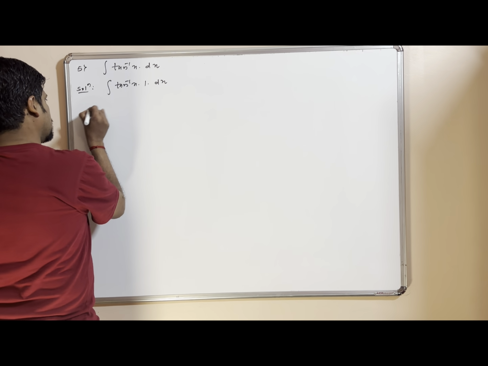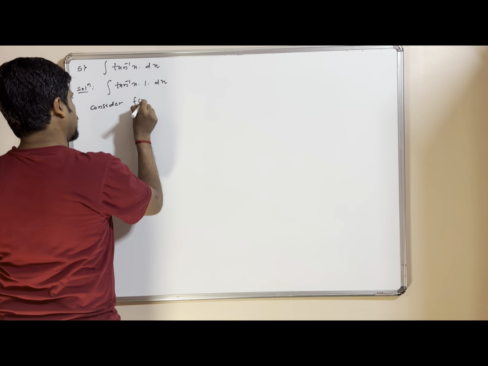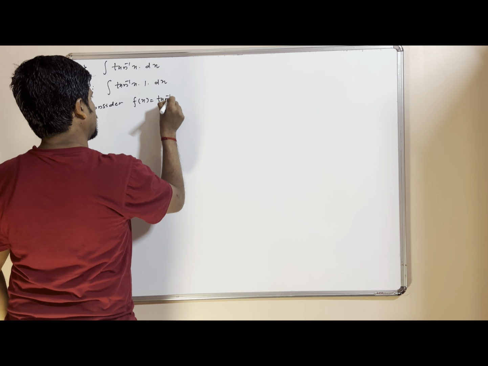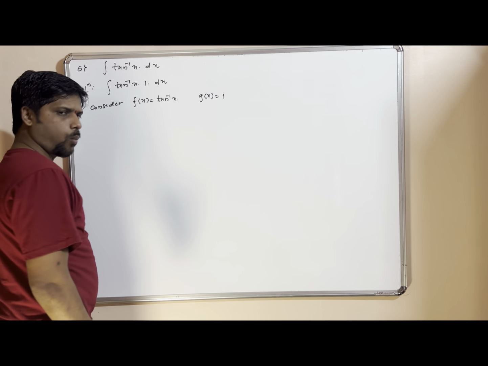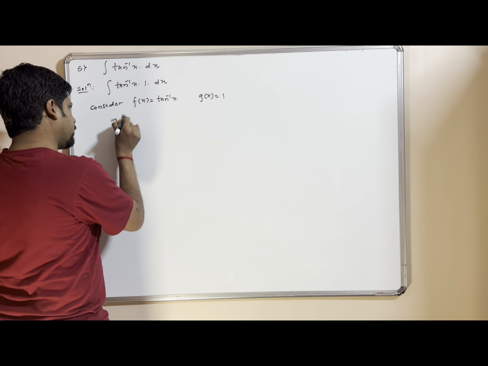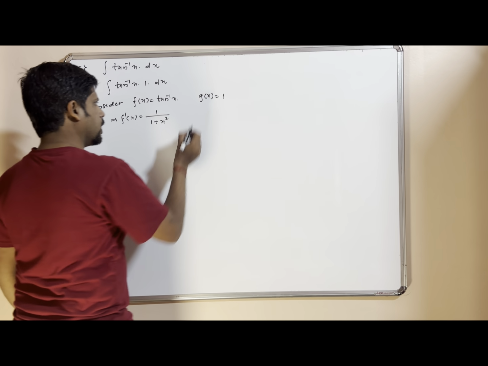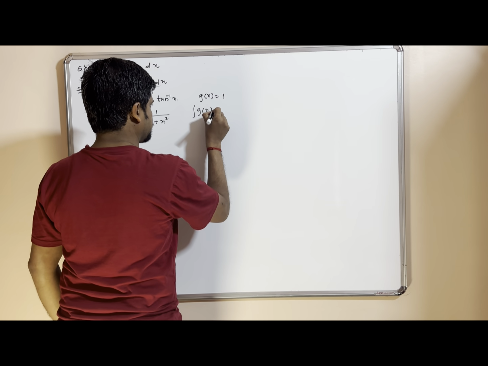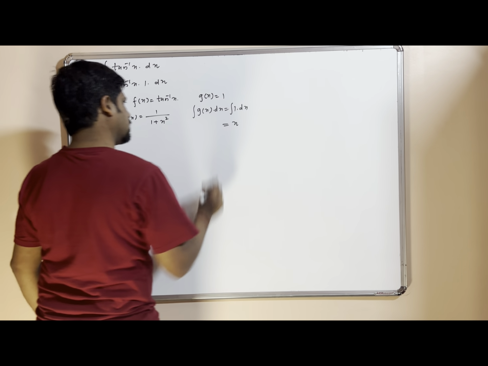So here consider f of x is equal to tan inverse x, g of x is equal to 1. So differentiation of tan inverse x is 1 upon 1 plus x square, right? And integration of 1 is, what is integration of 1? Constant, that is x, right?